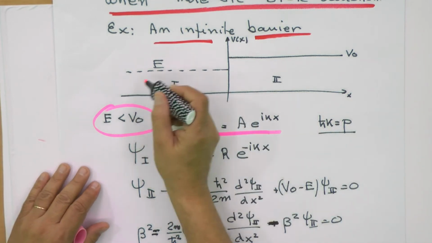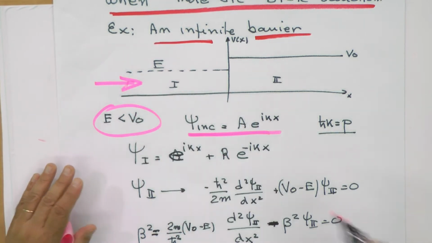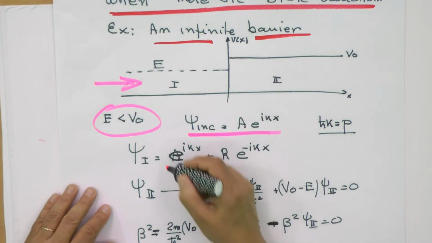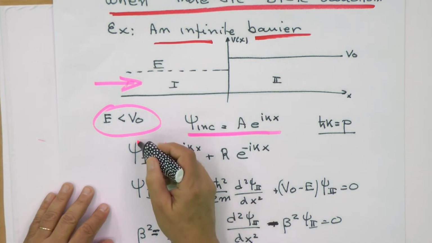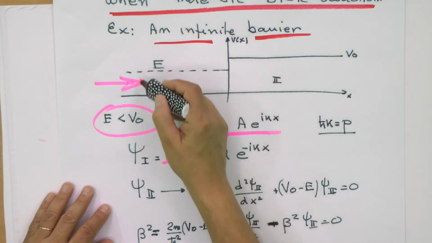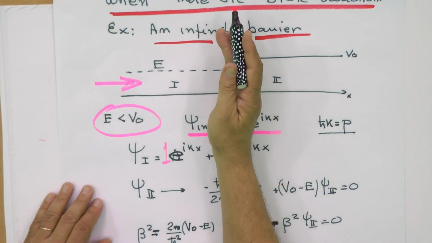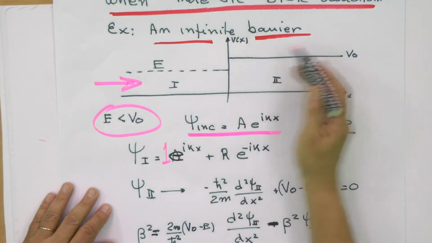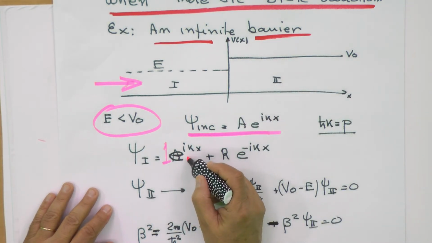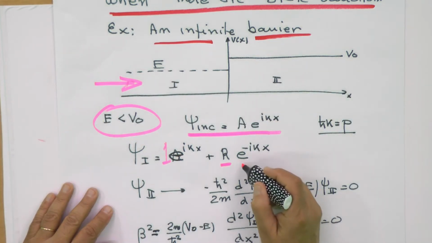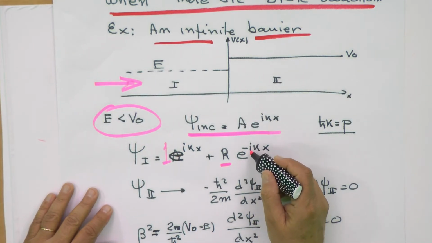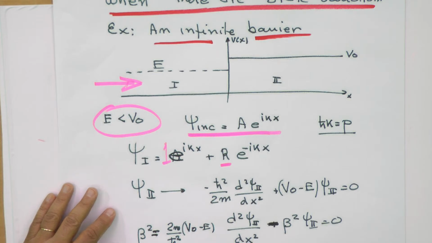But because there is a flux coming into this step, we're going to have the coefficient here as 1. So actually the wave function in the first part, before reaching this step, is e to the ikx plus r, because there is a chance of reflection, of e to the minus ikx.